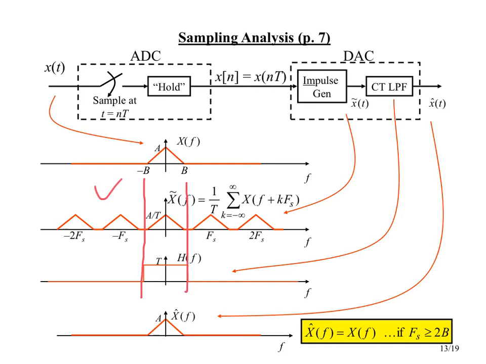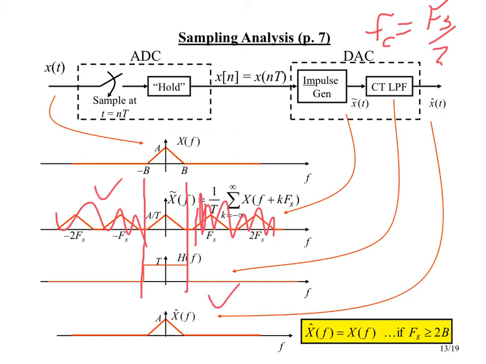I've left this off the slides, but the cutoff frequency of this filter, f sub c, is always equal to Fs over 2. So we're cutting that off, and since this edge is shown to the right of that, these will get eliminated, these will get eliminated, and we're left with something like that.